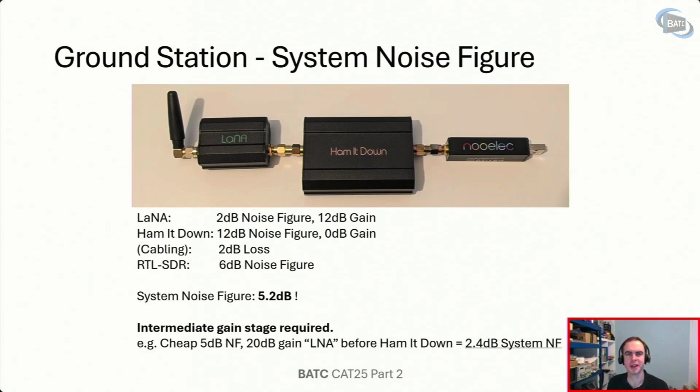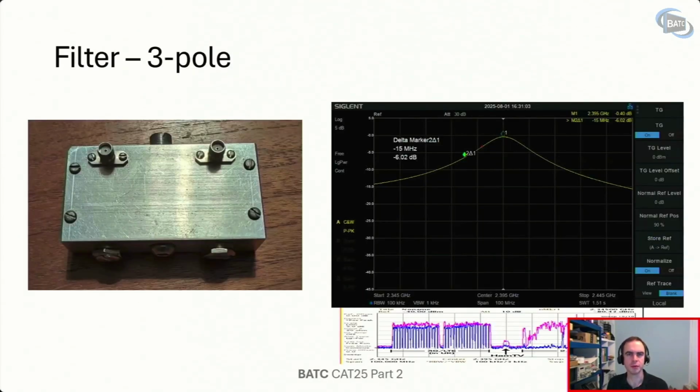So you end up needing a lot of gain in front of that to minimize your system noise figure, and that is where you can end up running into problems, with that large amount of gain not able to cope with the high power that you get through RFI. So I'm going to run through a couple of filters that I've been working with.